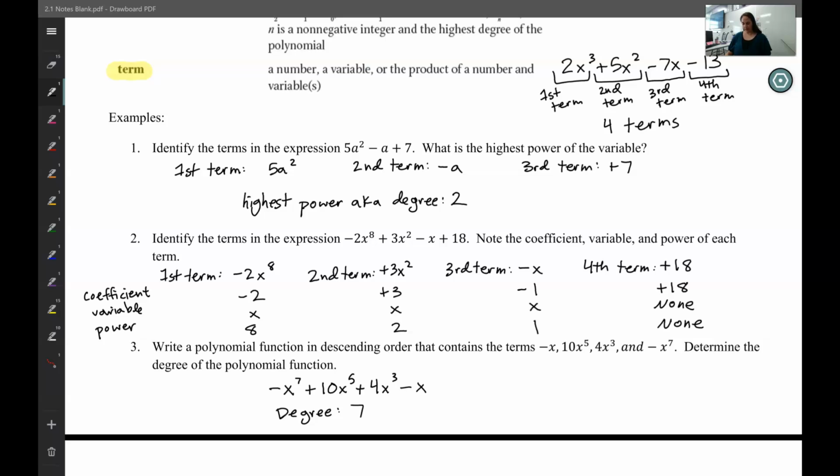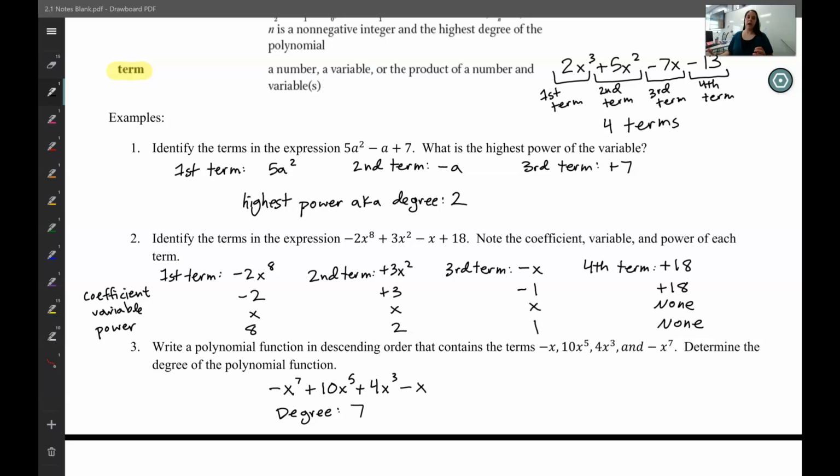Variable is x, and the power is a 1, sneaky 1 in the power right there. Fourth term is a positive 18, which is a constant, not a coefficient technically, so no variables, no powers. Then we have this last one, write it in descending order, should have gotten that, and the degree is 7 because that's the highest exponent.